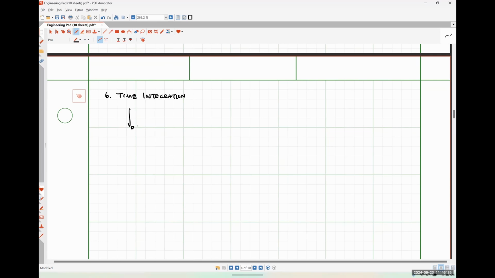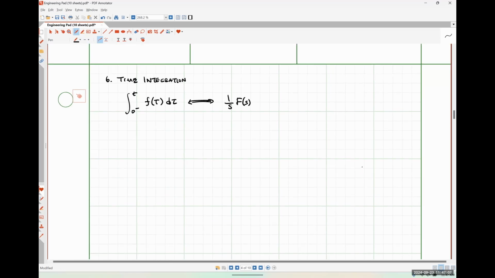If I take the integral from 0 minus to some point in time t of f of tau d tau, this will have a Laplace transform that is just 1 over s times F of s. So effectively, integration in the time domain looks like multiplying by a factor of 1 over s in the frequency domain.